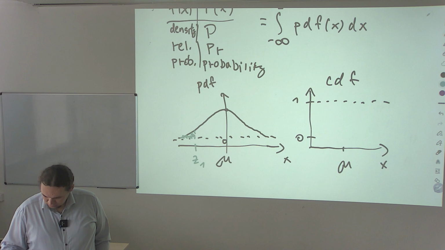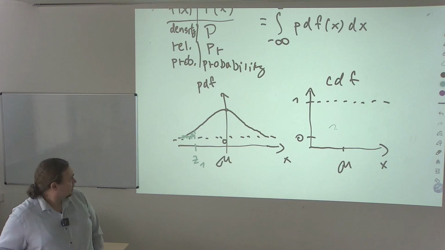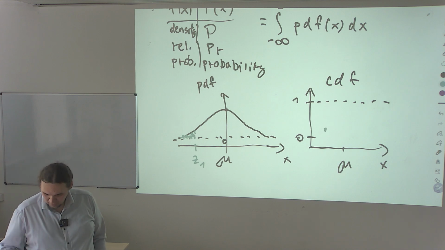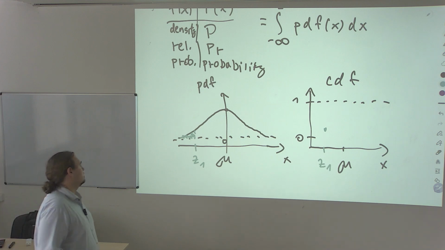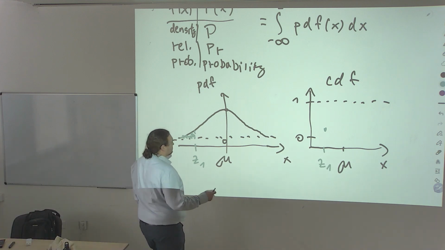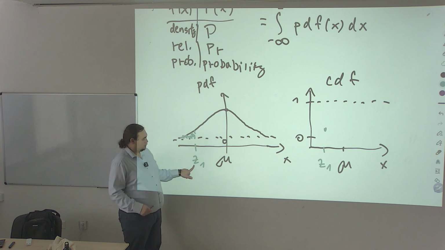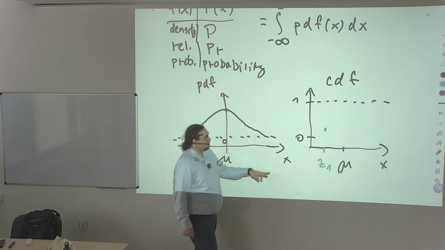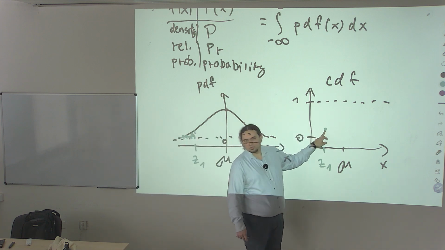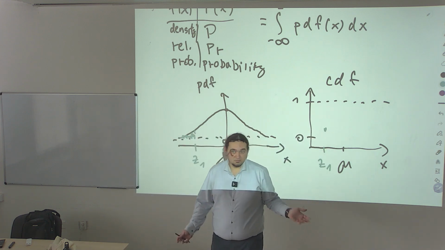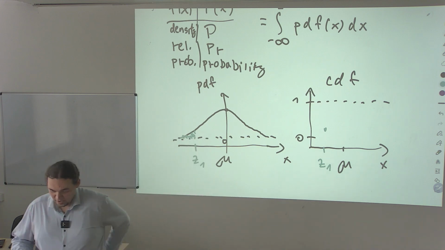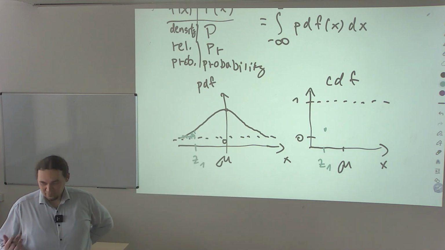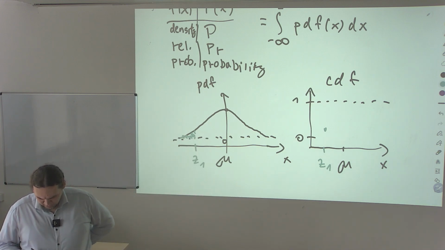Let's say we calculated the integral, and for our z1 we get the value here. What would it say? The probability that the temperature in this room is Z1 or less is 0.2, 20%. On the right-hand side we can already say something about probability.